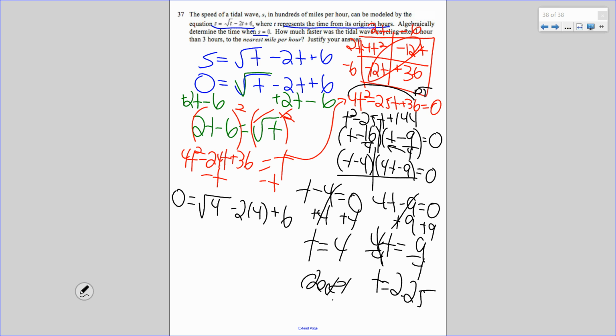And I'm going to do 0 equals radical 2.25 minus 2 times 2.25 plus 6. I can use my calculator to check them. This one will check. The other one, why don't we check it in my calculator right now? I have a feeling it's not.